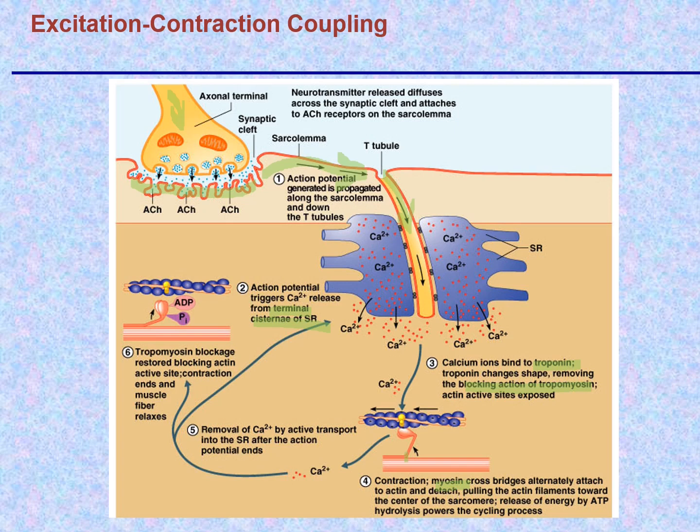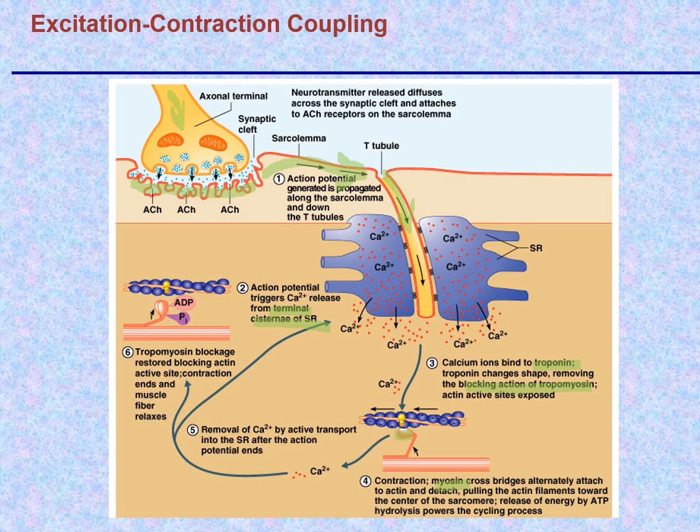Remember the myosin heads that are at the end of each filament of the thick filaments that are made of myosin. So this head structure looks like the end of a golf club, kind of. It will bind to actin and pull the actin filament along.